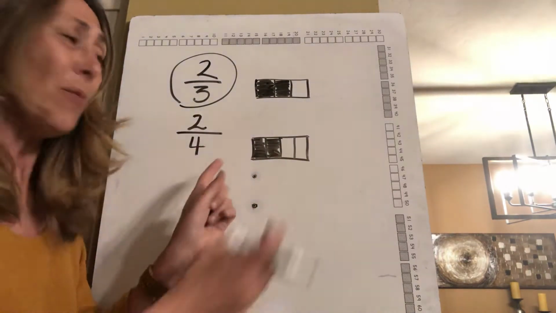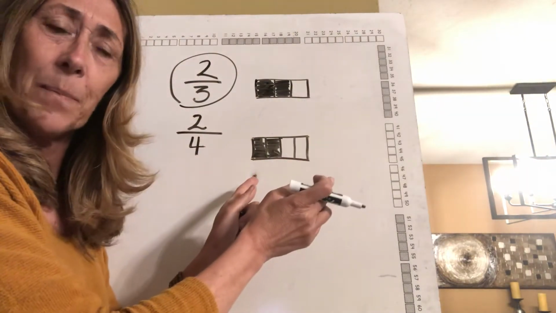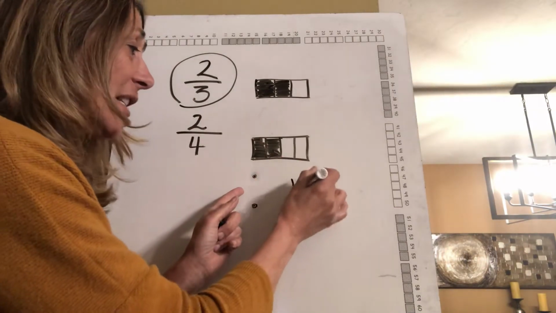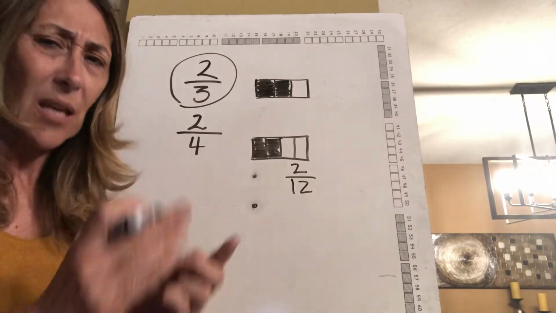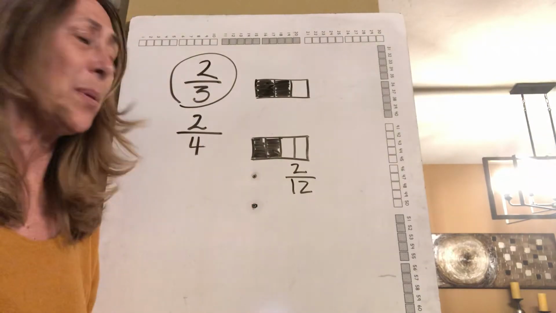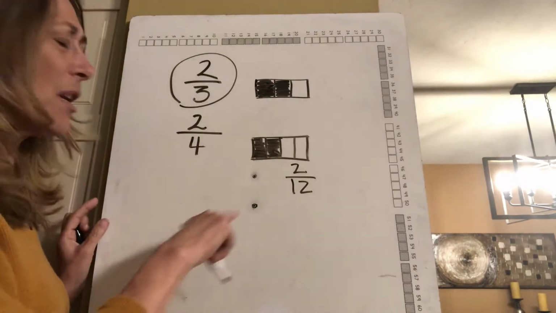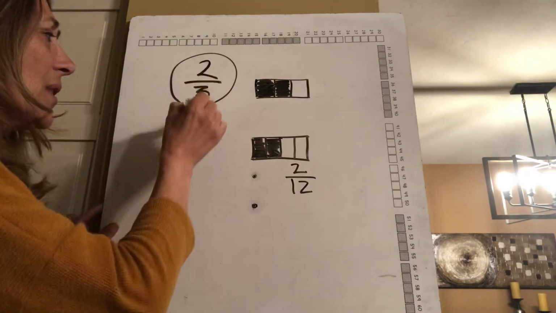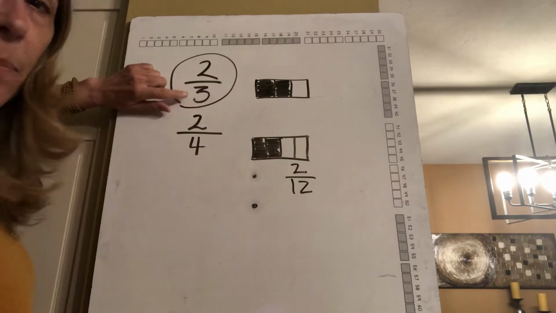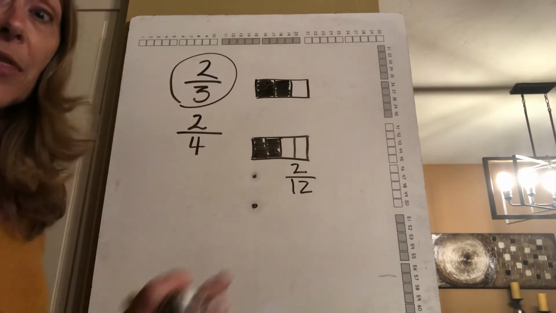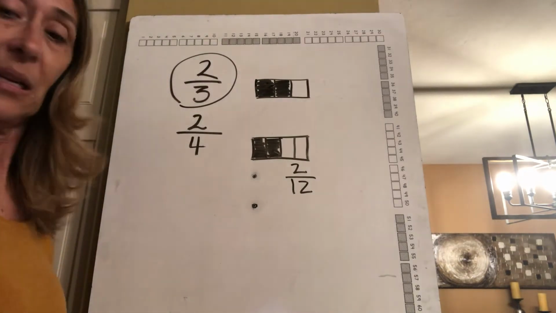If my whole, which always stays the same, was 12, my denominator was 12, and I only had 2 of those pieces, those would be very small pieces. So when I'm comparing fractions with the same numerator, the smaller the denominator is, the bigger the piece.